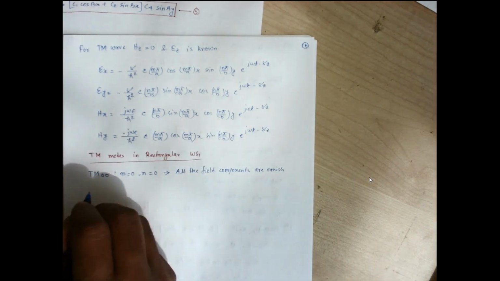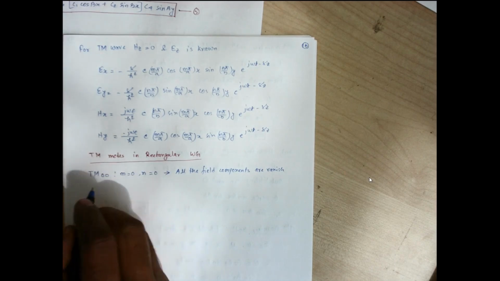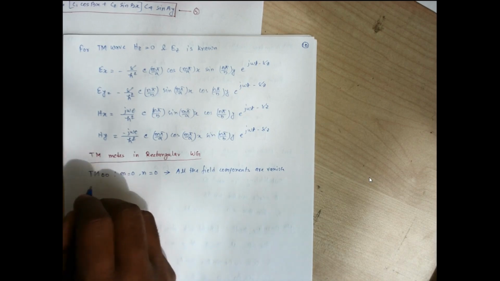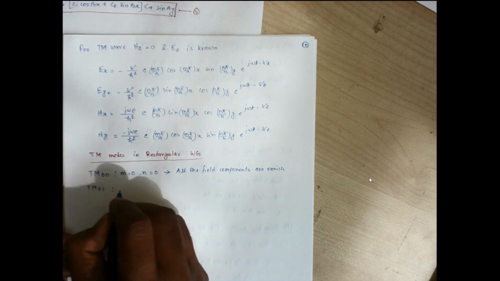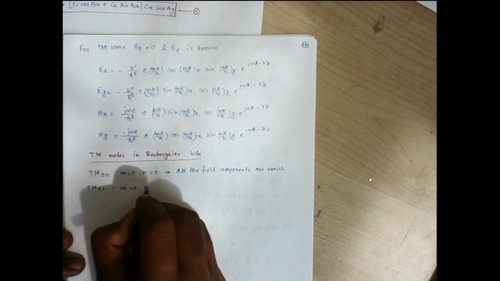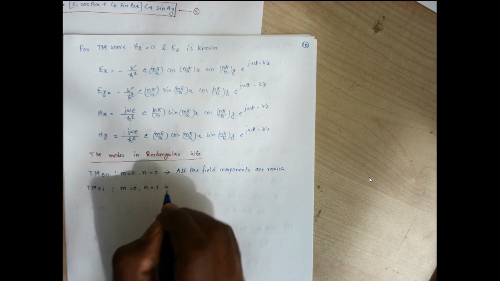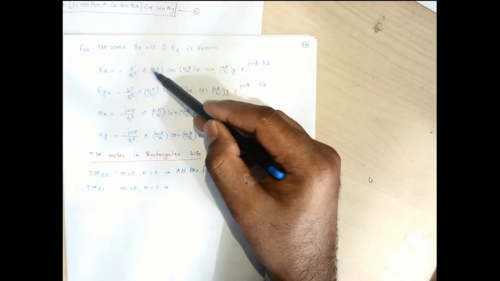Now because of m and n, four combinations are possible, and there are other combinations also. So first let us check 0 1, m is equal to 0, n is equal to 1. Let us check whether any of the field components exist or not. If we put m is equal to 0, Ex is 0.